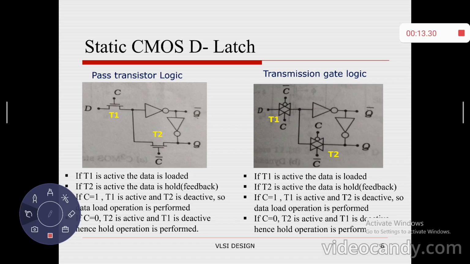So the feedback path loop is disconnected. Since T1 is on, the data D is loaded onto the latch. If I change the control signal from C equals 1 to 0, T1 is disconnected and T2 becomes an on connection, so the holding operation is performed.